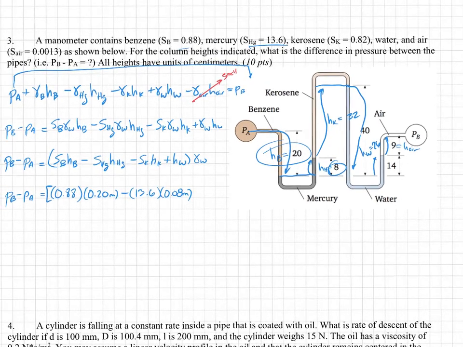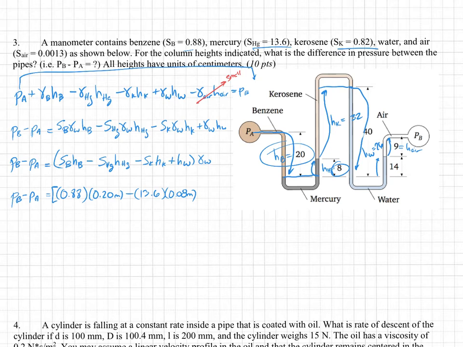We got kerosene minus, where's the kerosene? Oh, yeah, sorry, 0.82. 0.82 times, maybe I'll put the minus right here so we don't screw it up. And the HK is 32 centimeters. And then water, so plus gamma HW, which is 0.26 meters.